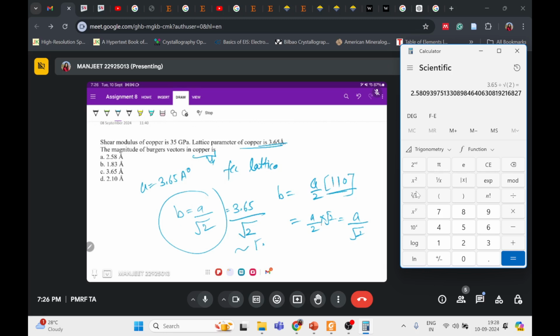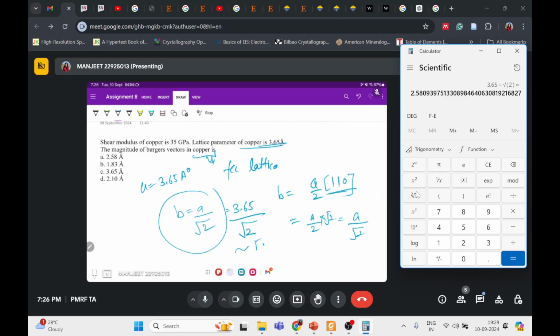So if you have to calculate for FCC, it will be a by 2 of 110, and for BCC it will be a by 2 of the 111 vector. Okay, so this is about question number 16.